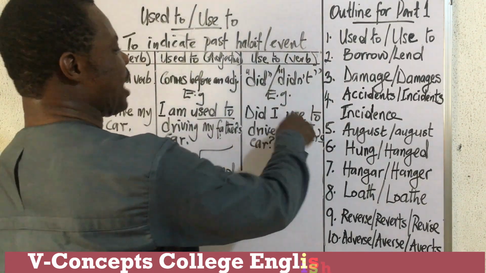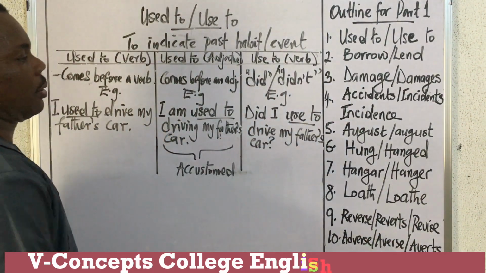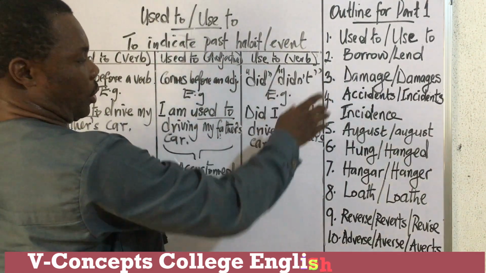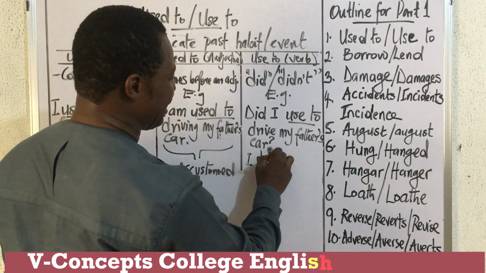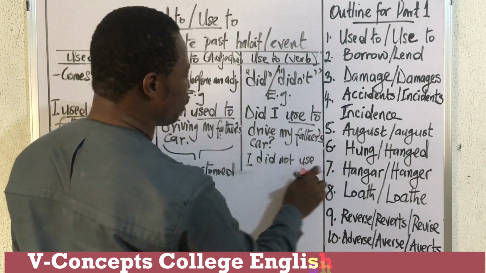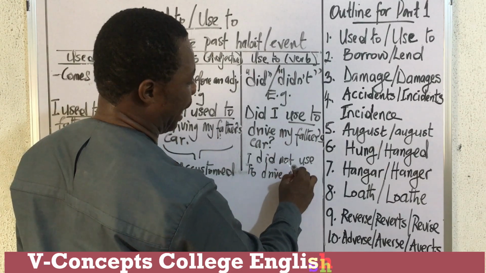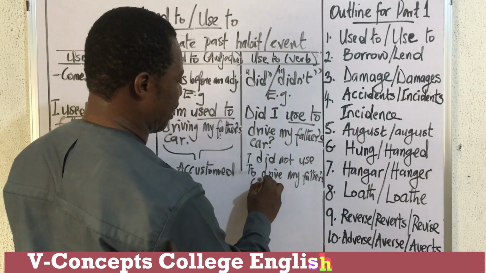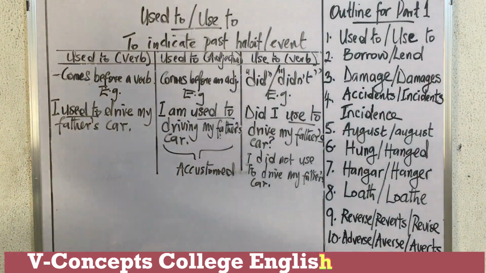So you cannot say, did I used to drive my father's car? No, you don't add did to this. Now, if you want to use not or a negation, you are going to say, I did not use to drive my father's car. Fine. So take note of these expressions.